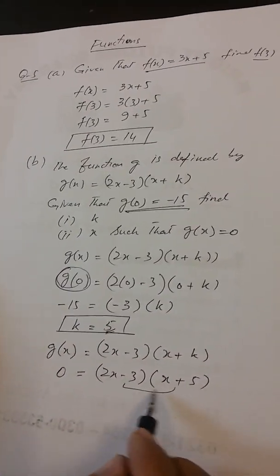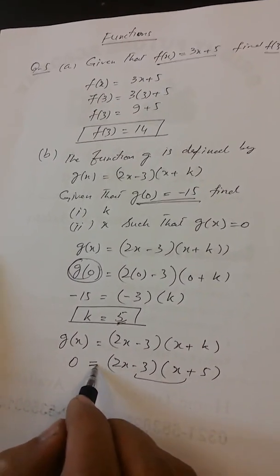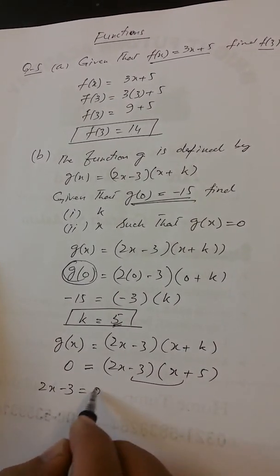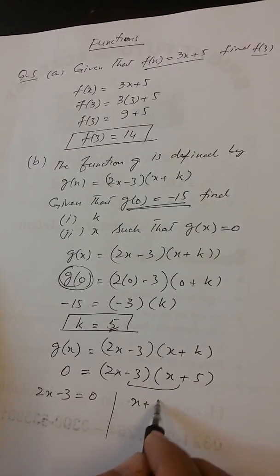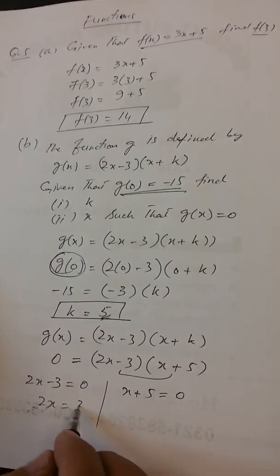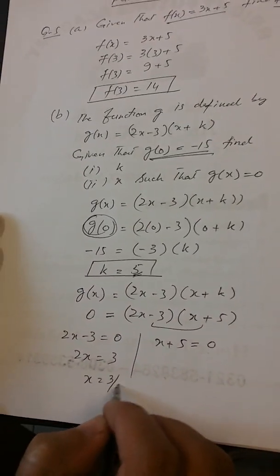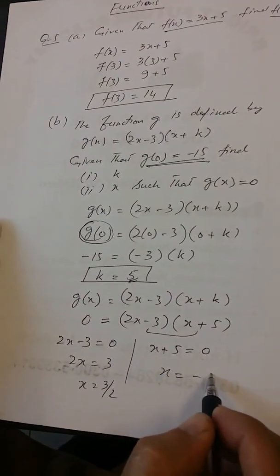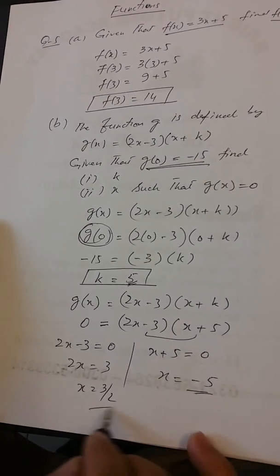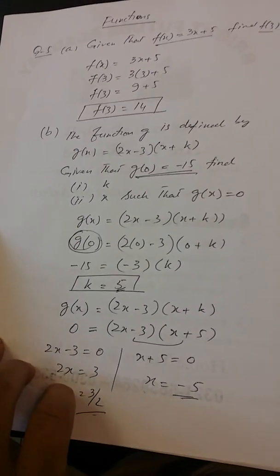There are two terms multiplying with each other and their product is equal to 0. So I will pick the first one, 2x minus 3 is equal to 0, and x plus 5 is equal to 0, which is the second one. So 2x is equal to 3, x is equal to 3/2 and x is equal to minus 5. These are the two values of x.